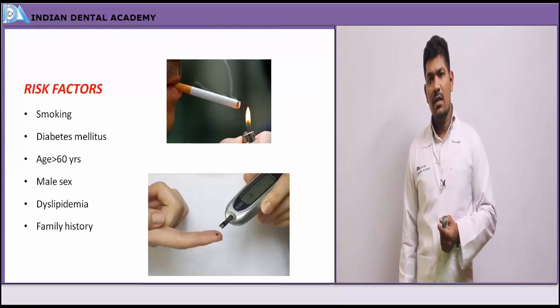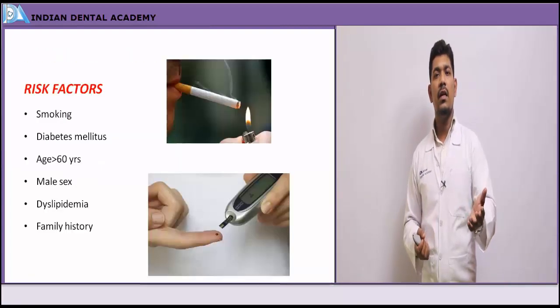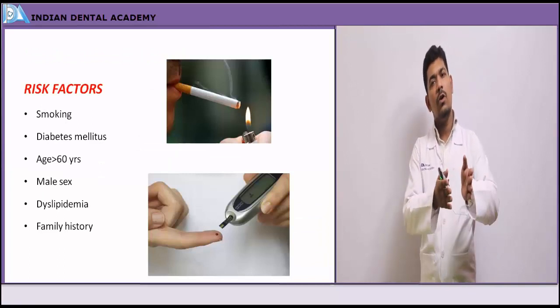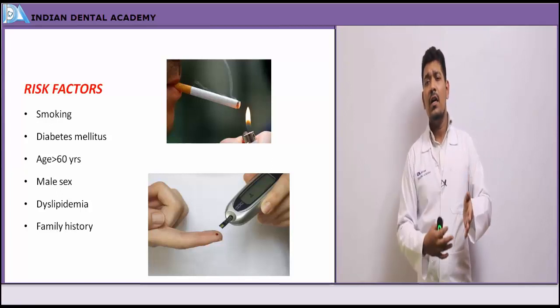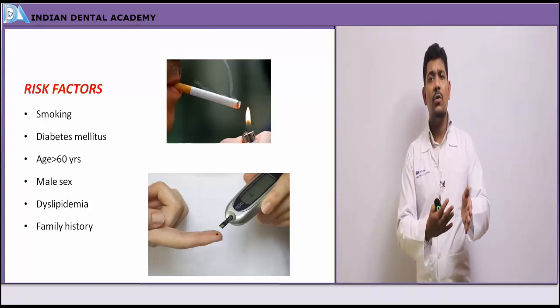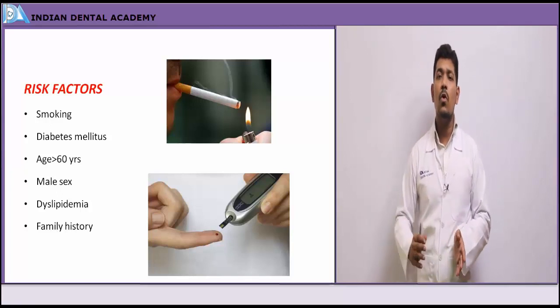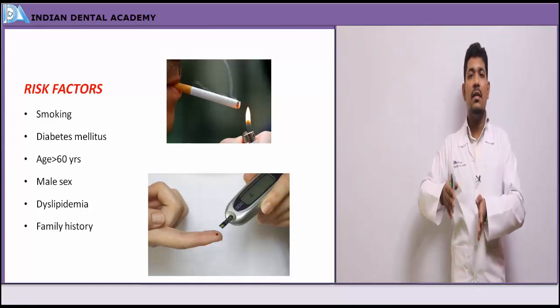The same holds good for the male sex. The reason is the lifestyle habits associated more with the male gender, such as smoking, tobacco usage, drinking or alcohol usage, or even the incidence of diabetes mellitus, which is more in males, wherein there is an indirect link between diabetes mellitus and the male gender.